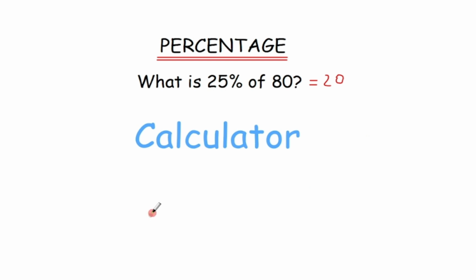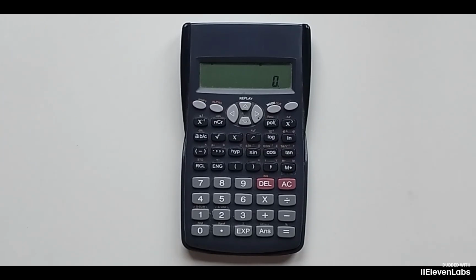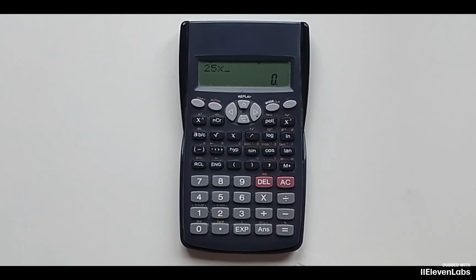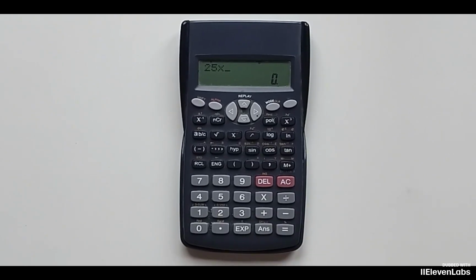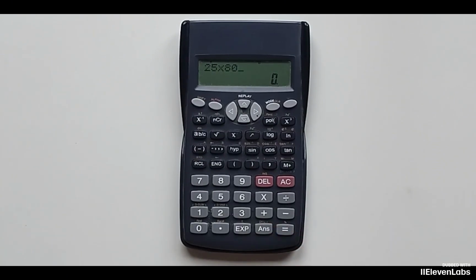Alright, so now we're going to take a look at how we can solve a percentage problem using a calculator. To use the calculator, what you're simply going to do is multiply the percentage that you want to find, in this case 25, by the number you want to calculate the percentage of. In our example, it's 80. And now, what are you going to do?